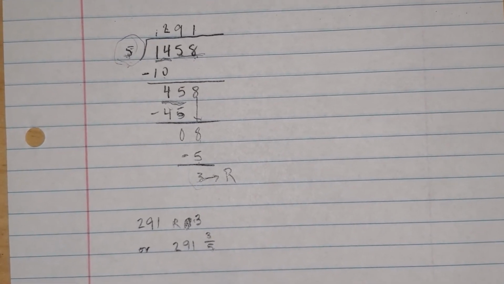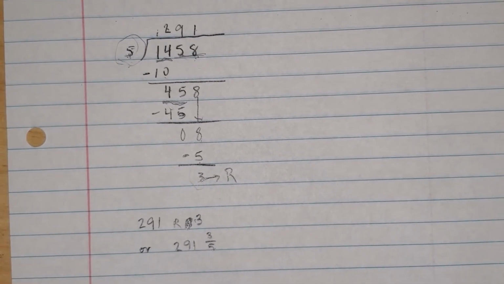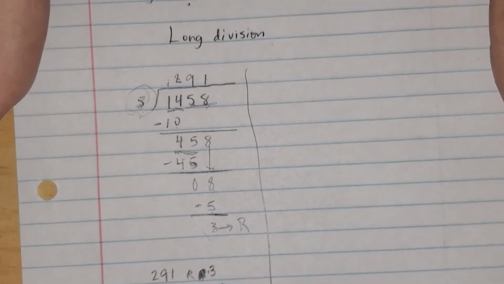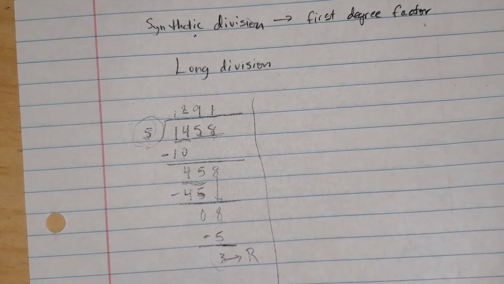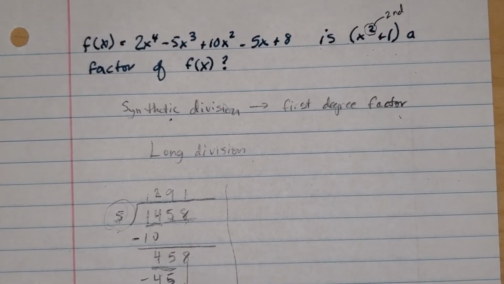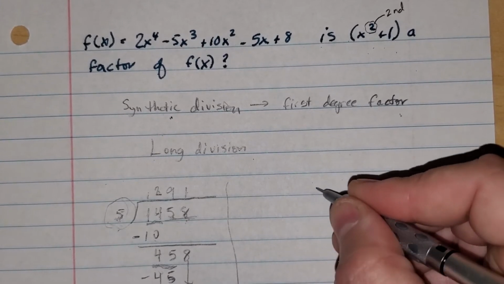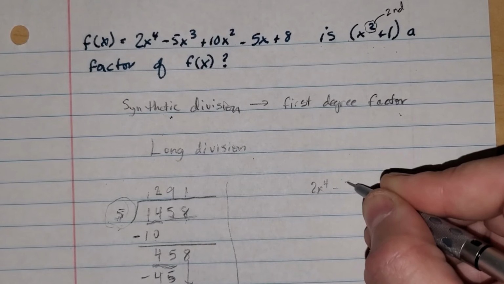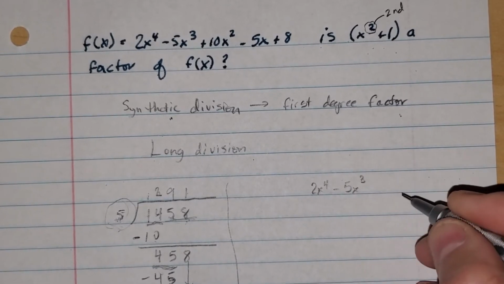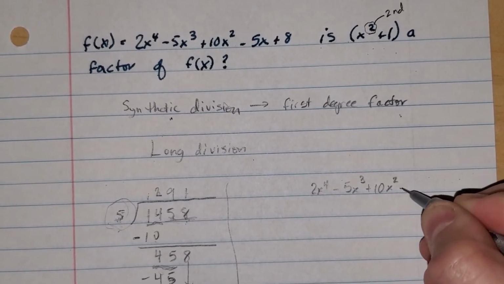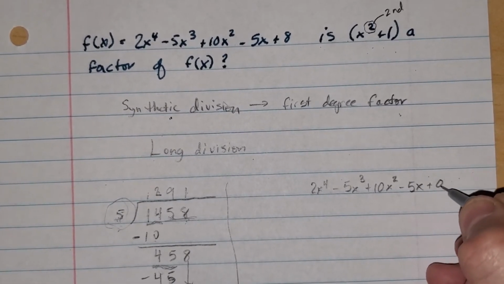So we've got this. Now I'm going to come over and do this with a polynomial. So I'm going to take our original polynomial and write it down: 2x to the 4th minus 5x cubed plus 10x squared minus 5x plus 8.